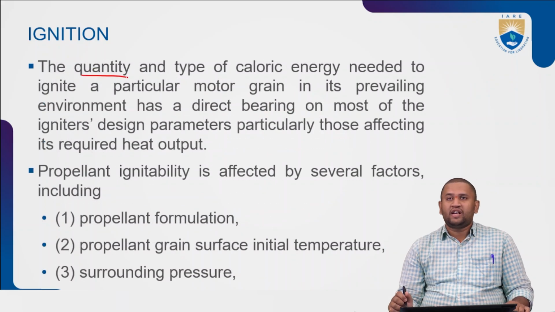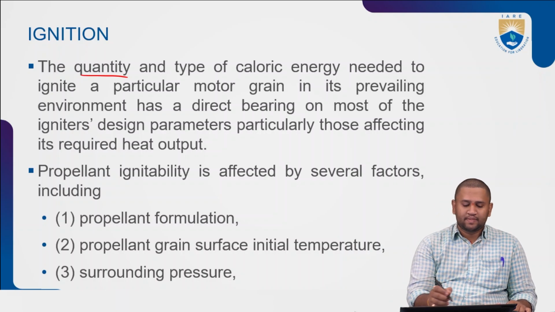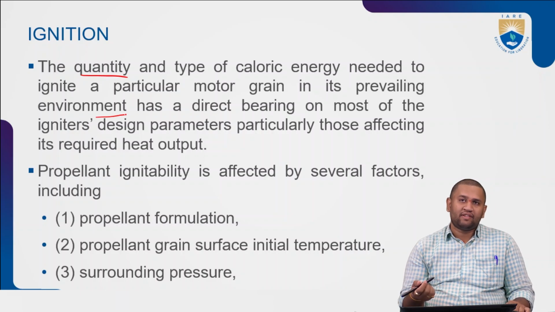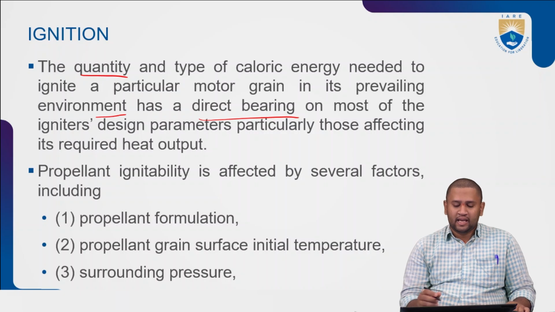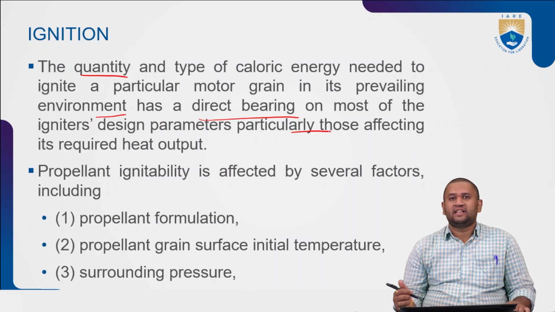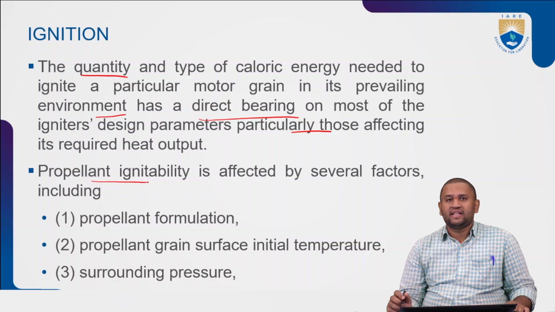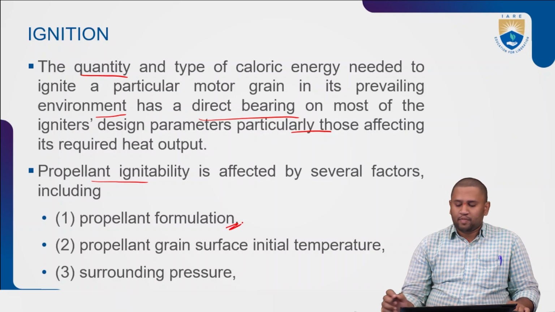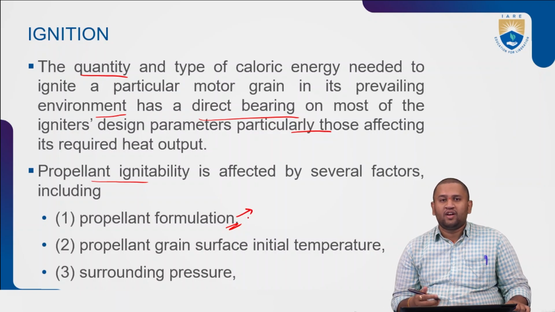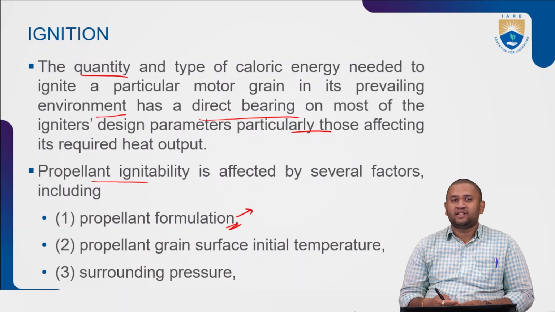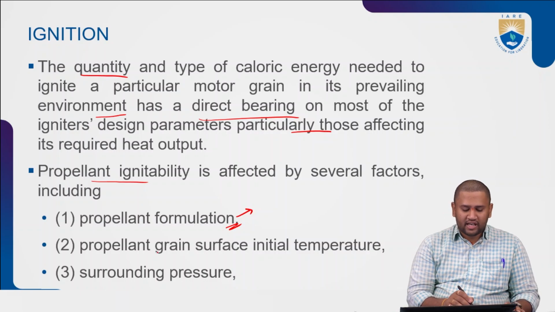Next, the quantity and the caloric energy that are needed to ignite a particular motor grain in its prevailing environment, meaning the ambient environment, which has a direct bearing on most of the igniter design parameters, particularly those affecting its required heat output. Propellant ignitability is affected by several factors, particularly propellant formulation: what kind of propellant we are using, what additives, what binders we are using, and what combination of them tends to burn faster. These are all we will be looking after.